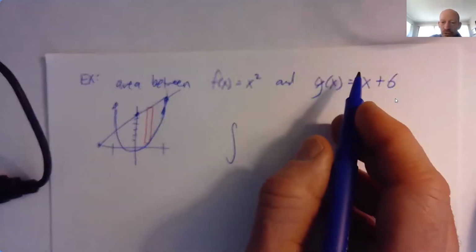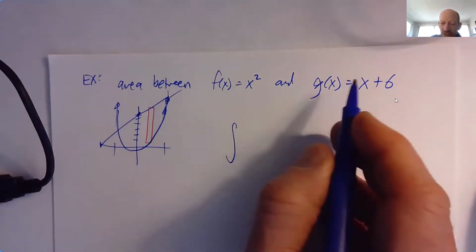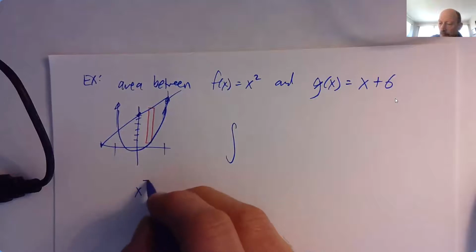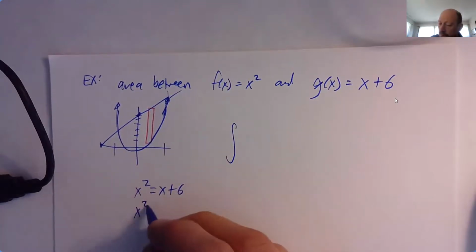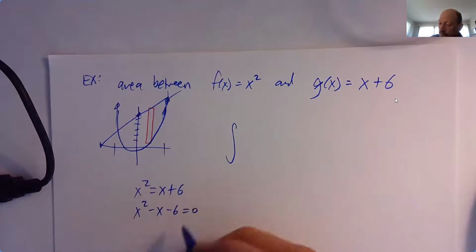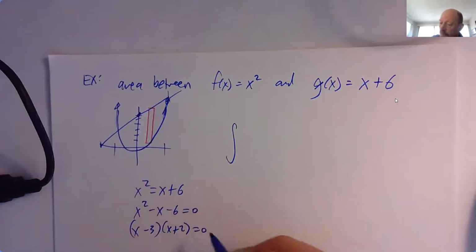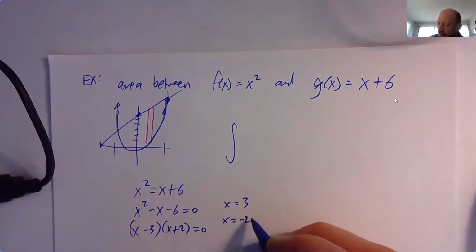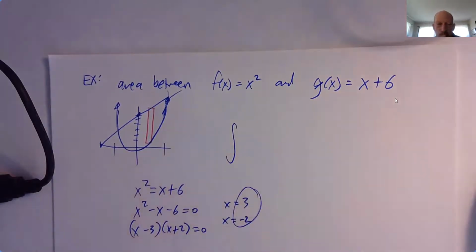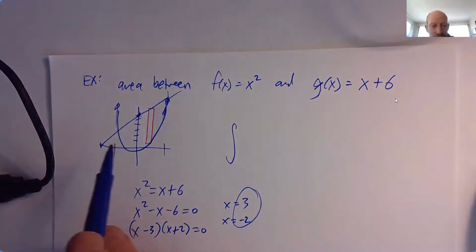If you want to find where two functions intersect, you just set the functions equal to each other. So we get x equals 3 and x equals minus 2, which, notice, doesn't match up with my picture.